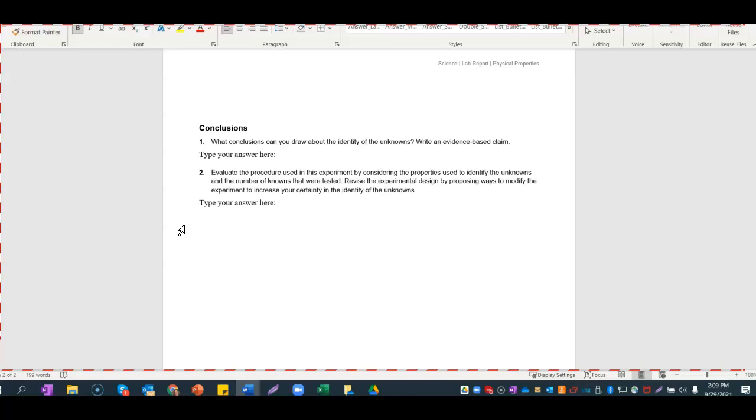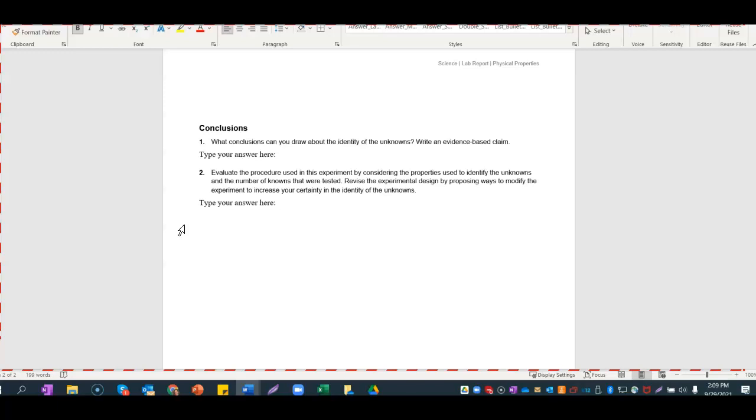Okay, we did extensive, but we also did intensive, where we found the density of the known substance. So it's saying, what properties did you use to identify the unknowns and the number of knowns that were tested? So basically, in this case, we just did density.